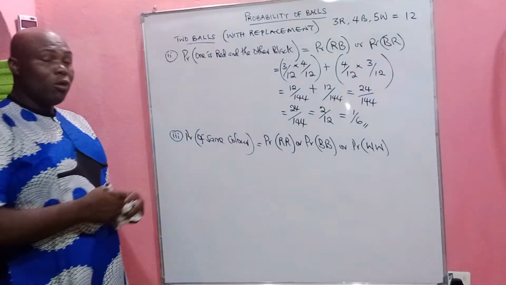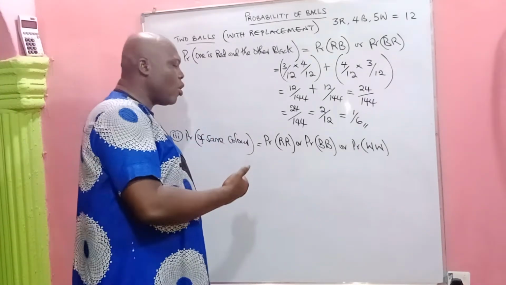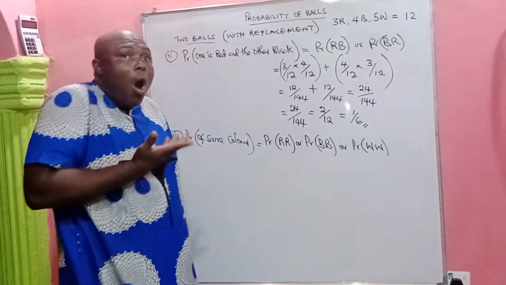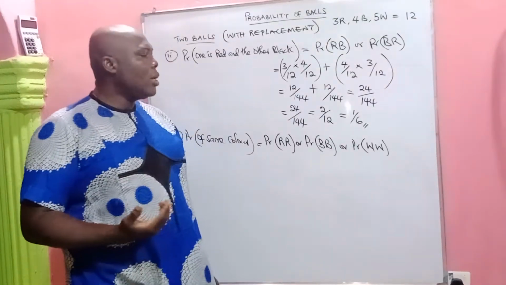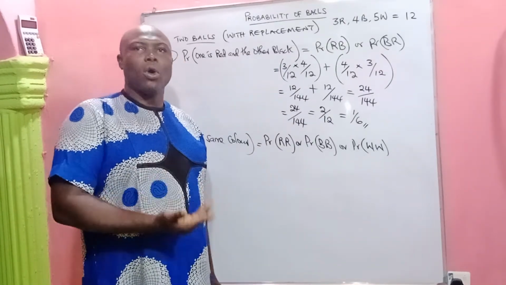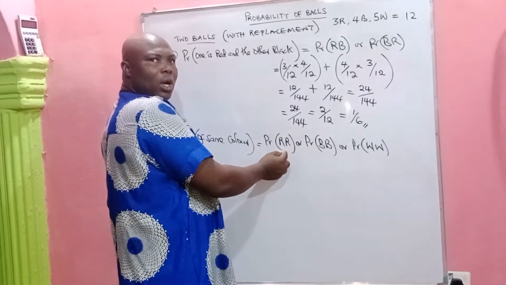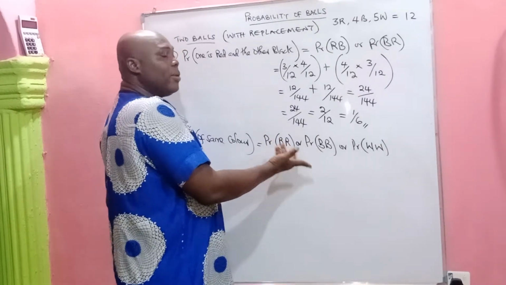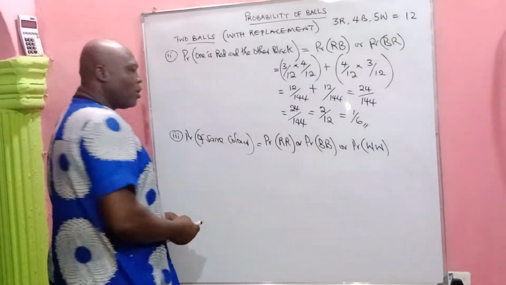It's a must that the 2 balls you pick will be of the same color, so they can be red red, black black, or white white. So we are going to resolve for that.